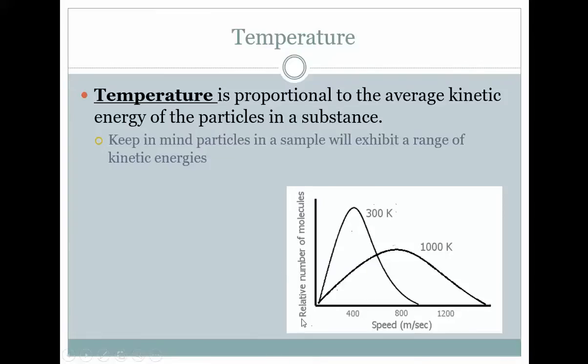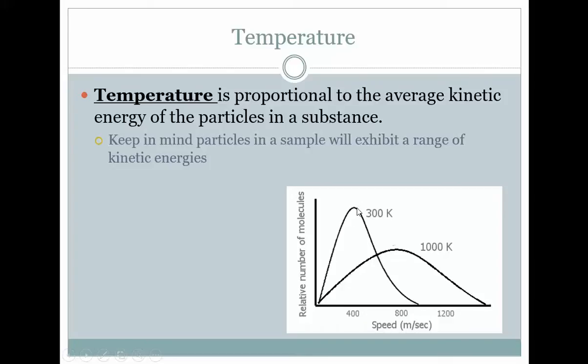Basically what we've got here is a sample of gas at two different temperatures, 300 Kelvin and 1,000 Kelvin. I'm not sure it's properly scaled and all that, but at least it would be roughly true. So at 300 Kelvin, certain molecules are going to have a certain speed, a certain velocity, a certain kinetic energy, but some of the molecules are going to be going faster, some are going to be going slower.